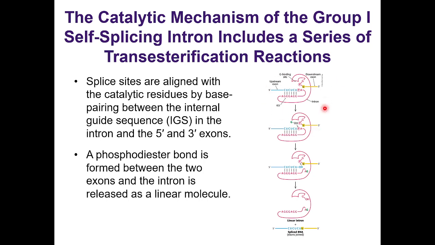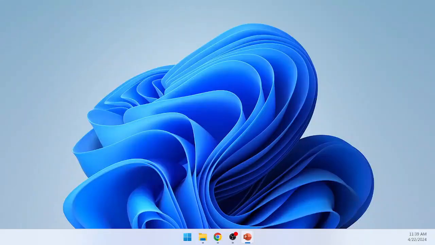So again, right here we have the internal guide sequences. Can you guys even see that figure? Yeah, again, right? Shoot. Yeah. No more doing this on my home computer.